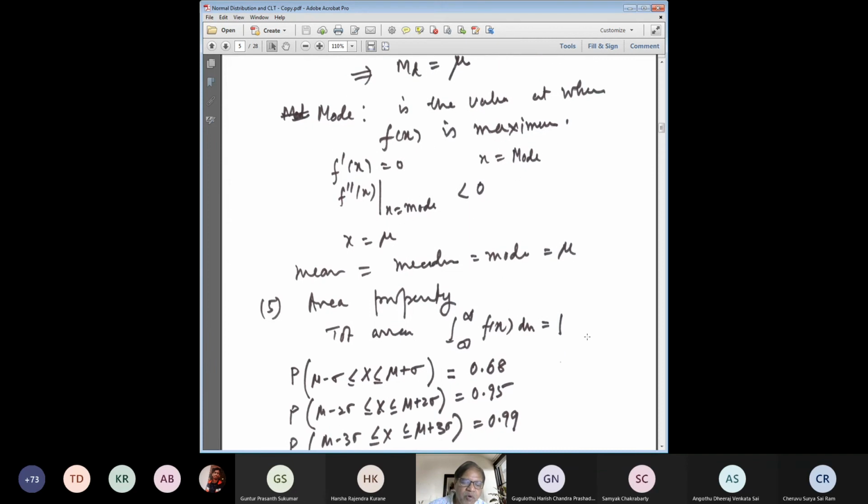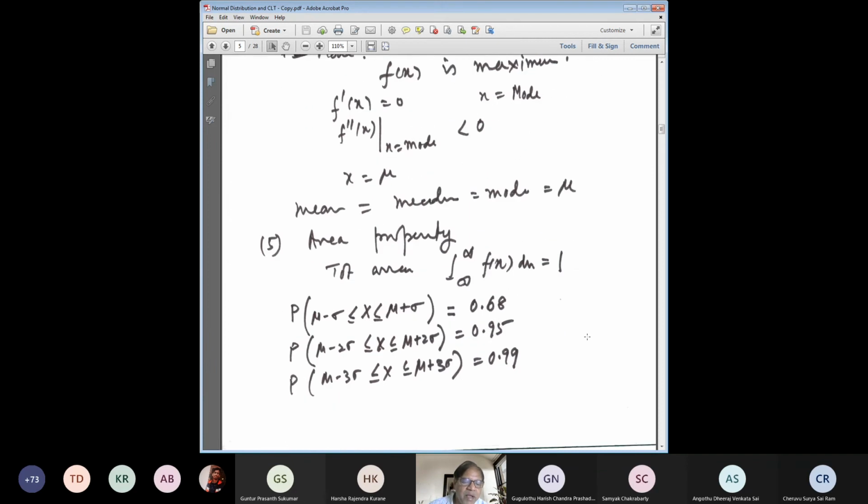Then it has a very important property, the area property. Between mu minus sigma and mu plus sigma is 68% of the area, mu minus 2 sigma to mu plus 2 sigma is 95% of the area, and mu minus 3 sigma to mu plus 3 sigma is 99% of the area.